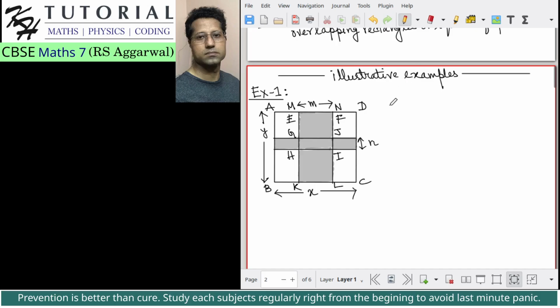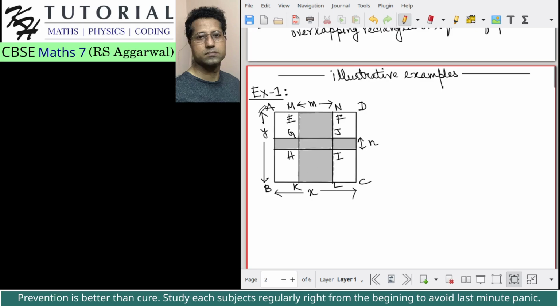Now there are various ways to find the area of the shaded region depending on what dimensions are available. Here the dimensions of the enclosing rectangle ABCD are given.